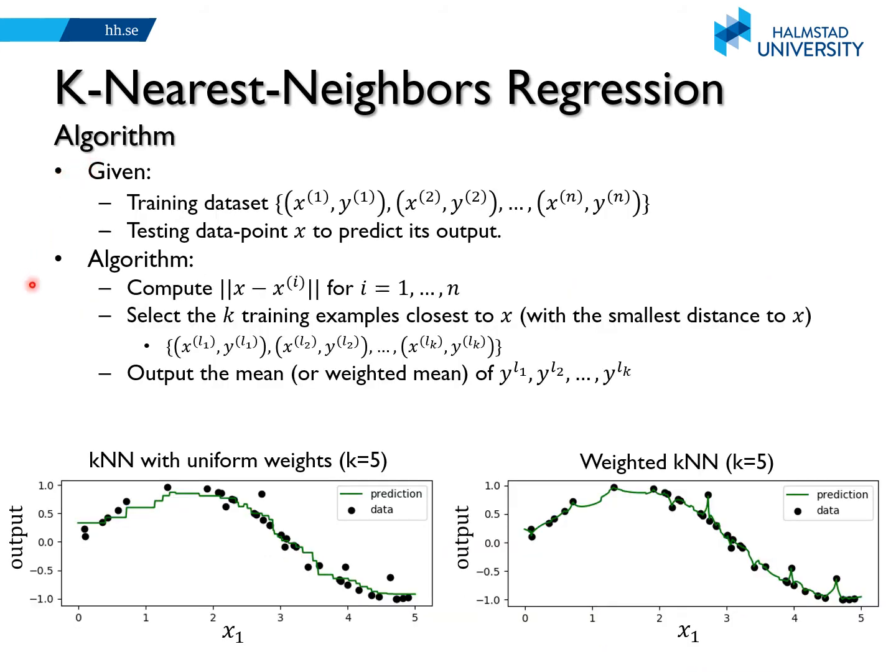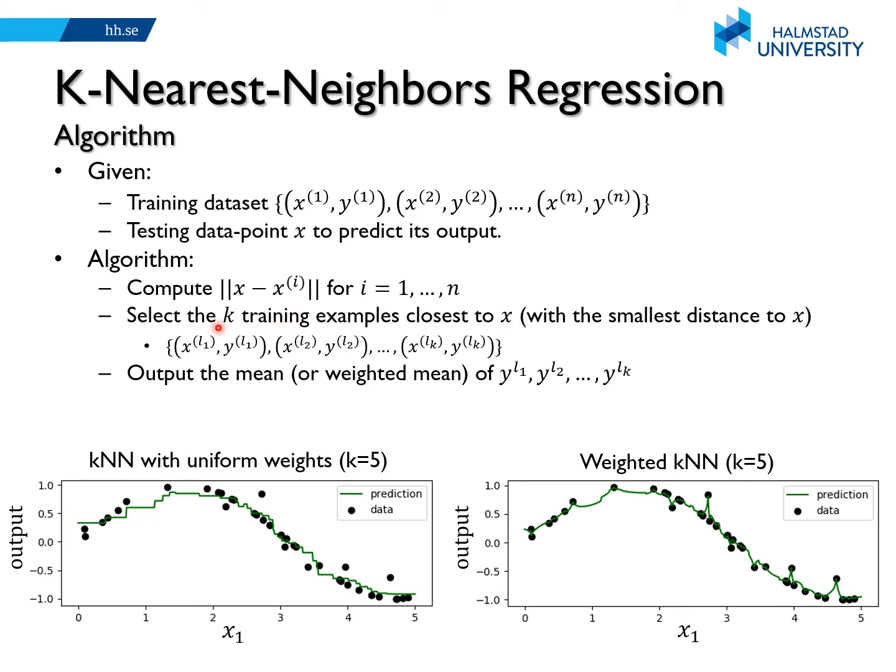And this is the k-nearest neighbors algorithm for regression. So you have a training data set, which has inputs and outputs, and you have a new data point x for which you want to make a prediction. So what you need to do is to compute the distance between x and each of the training examples, right? And then you select the k training examples, which are the closest to x.